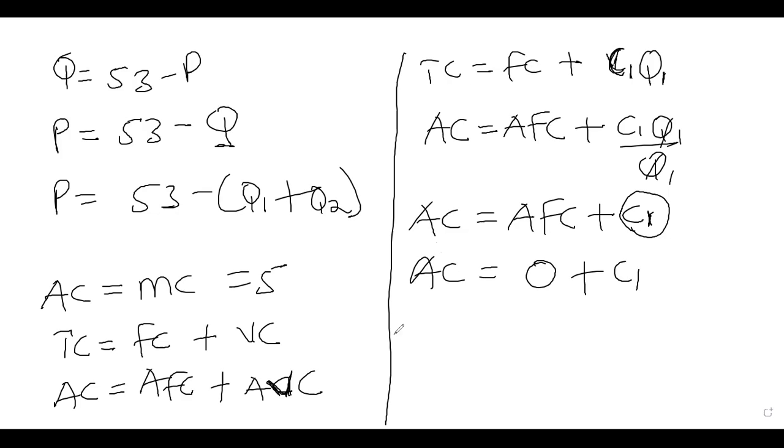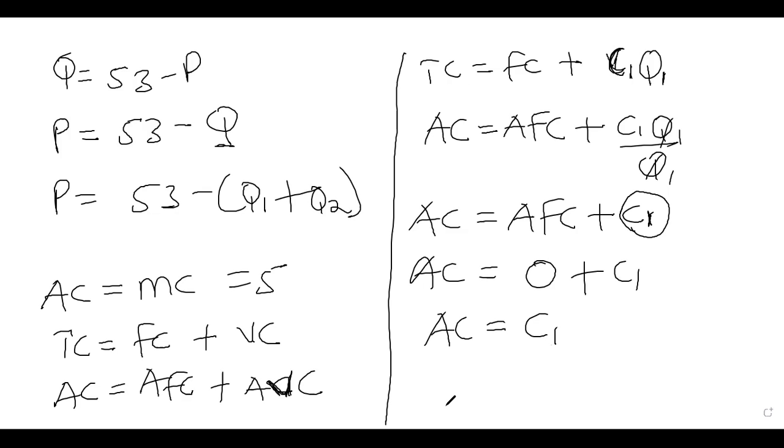So it is only when we don't have fixed cost that we will have the average cost equal to the marginal cost or the average variable cost. So keep in your mind that in this question, there is no fixed cost. Now the question says that the marginal costs of the two firms are the same, all right?